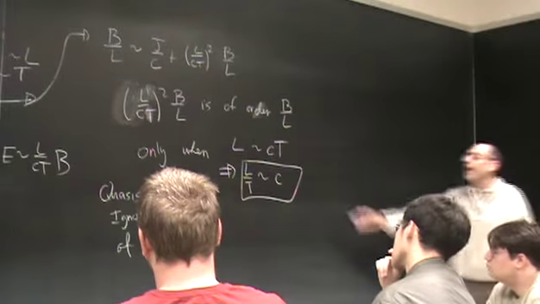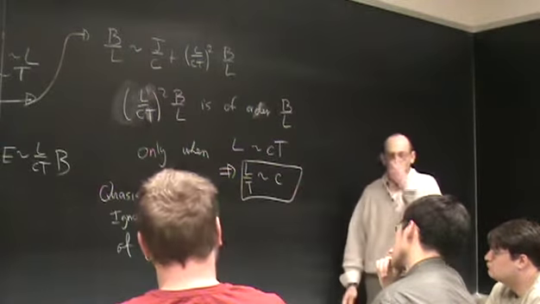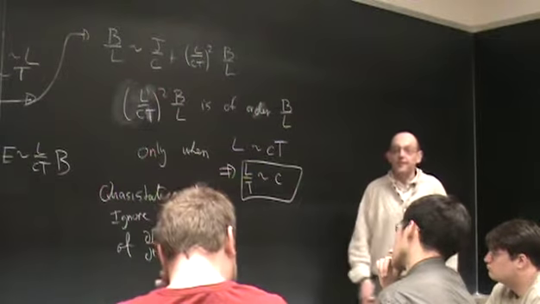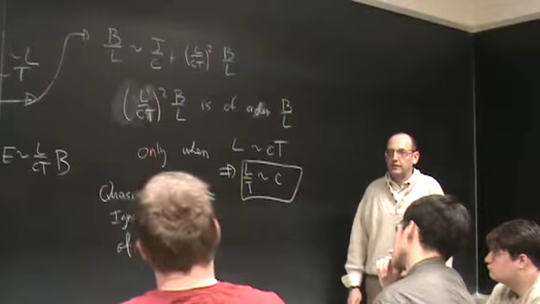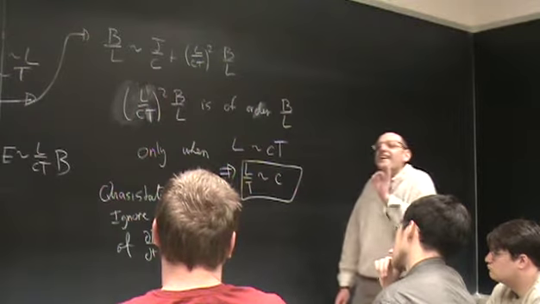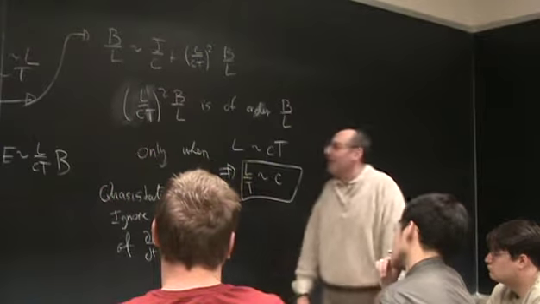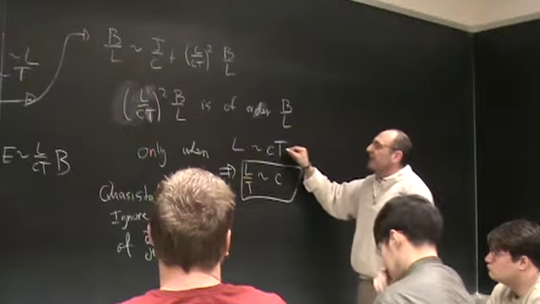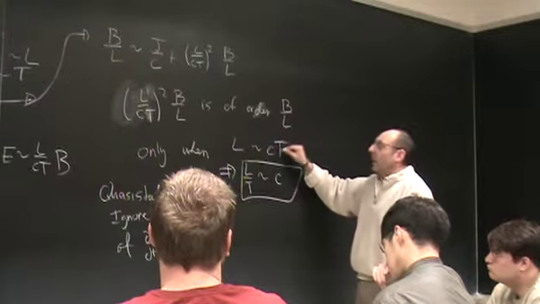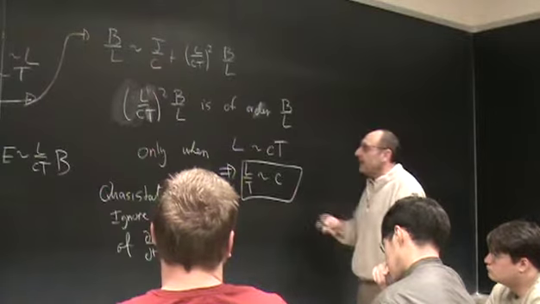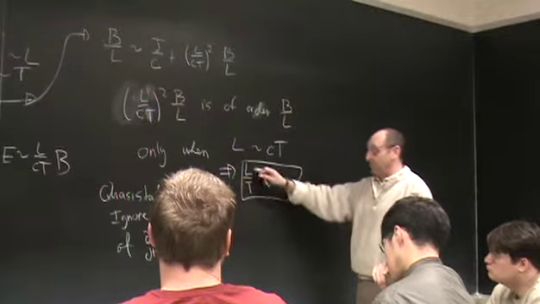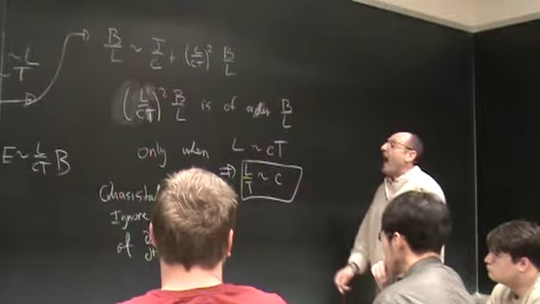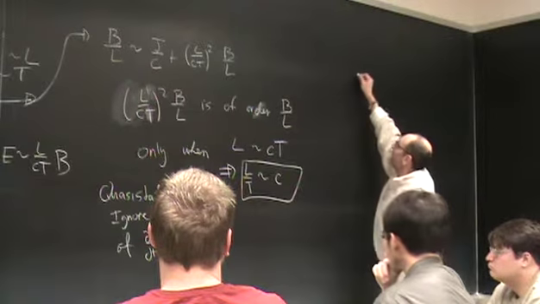I can ignore that if I'm moving at non-relativistic speeds. Now that's not exactly true, because even if this speed is small compared to the speed of light, there's another condition where we can satisfy L on the order of cT.